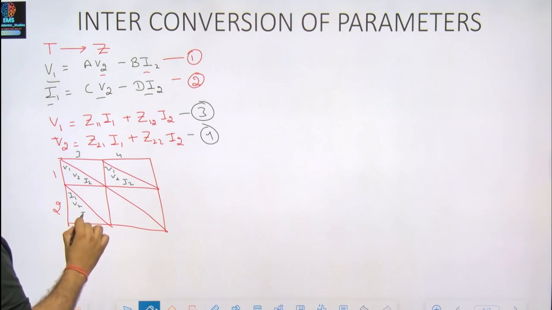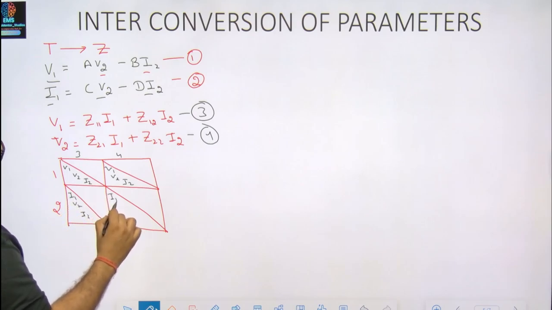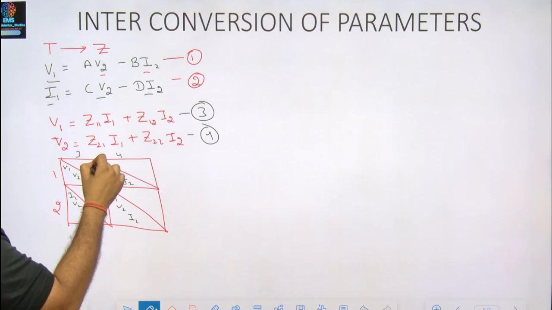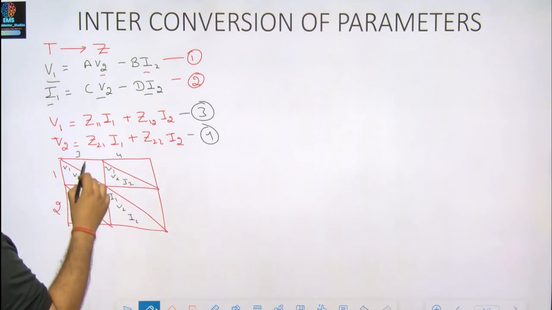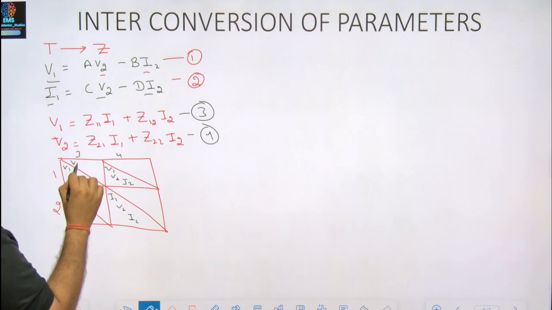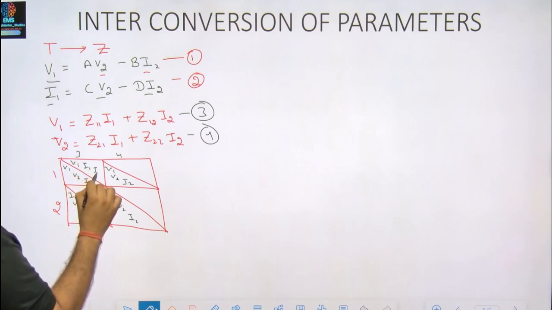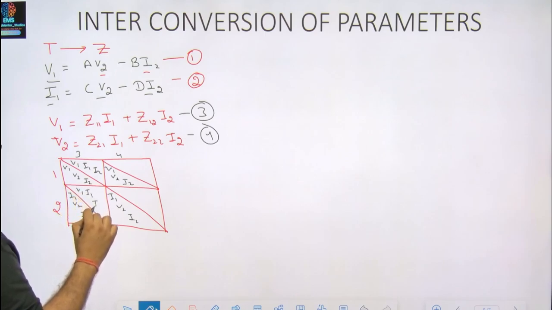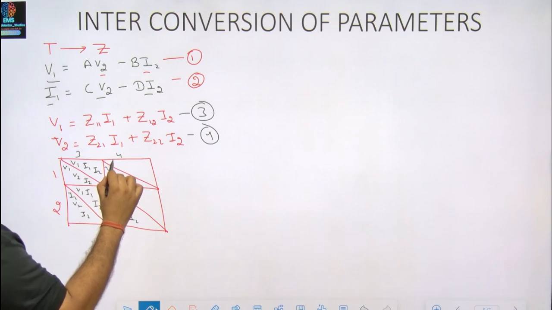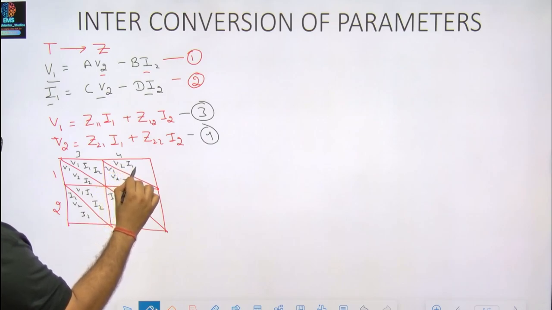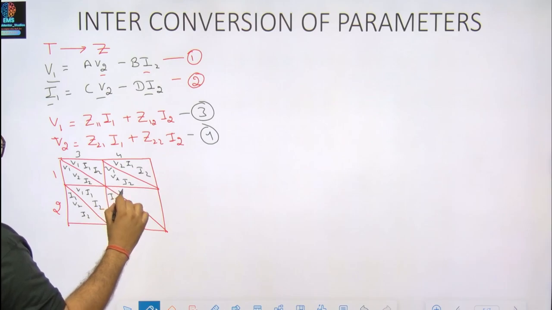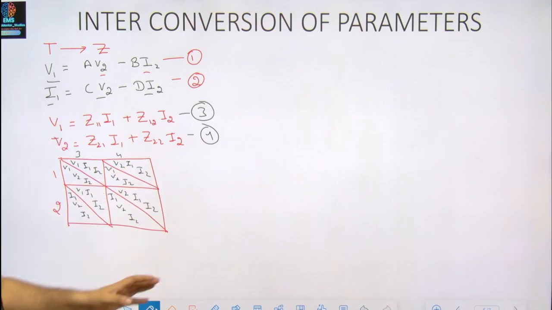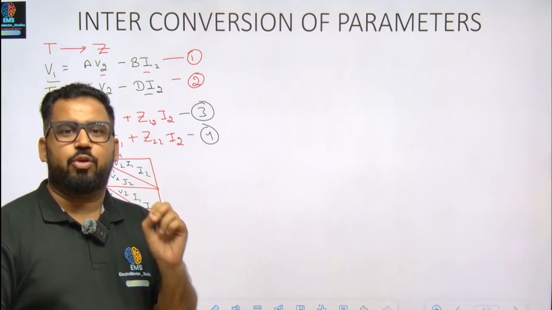I1, V2, I2. सिमिलरली 3 में कौन कौन से हैं? V1, I1, I2. 4 में? V2, I1, I2. ओके, तो ये टेबल फिल हो गई.